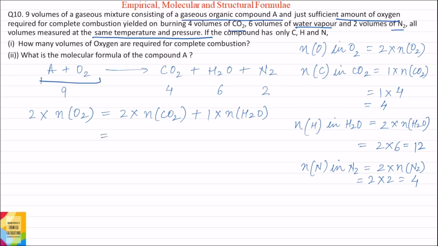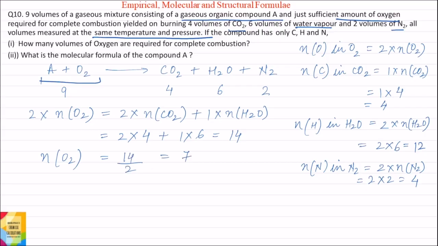This is equal to 2 into moles of carbon dioxide, which is 4, plus 1 into moles of H2O, which is 6, and this is equal to 14. Therefore, moles of oxygen will be equal to 14 divided by 2, and this is equal to 7.